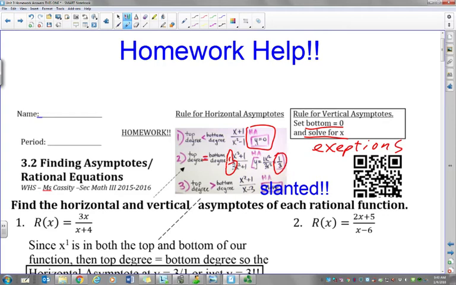And if the top degree is greater than the bottom degree, then you can say none, because there is no horizontal asymptote. Or you can call it slanted, or oblique, which is another word just like slanted. I think in 1050, 1060, they use the word oblique instead of slanted.